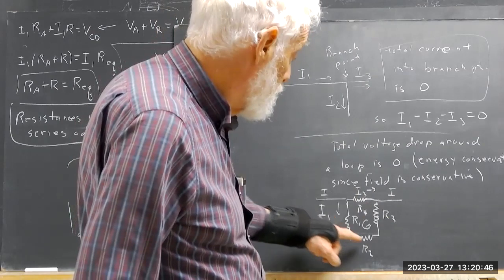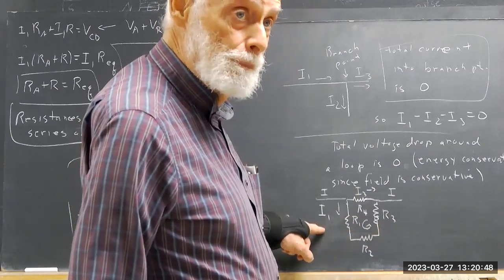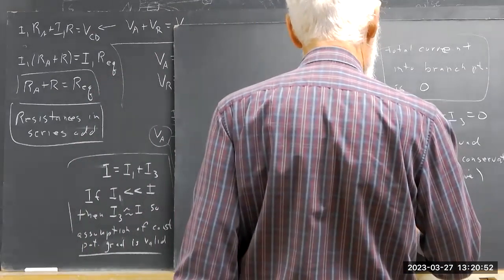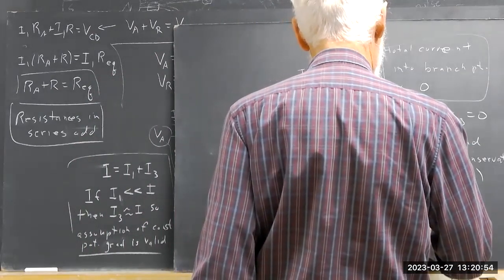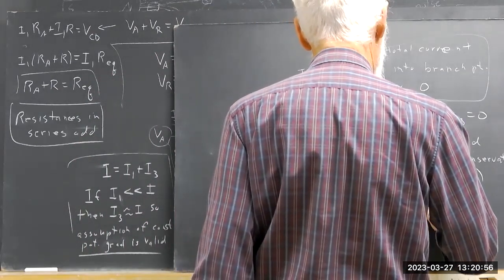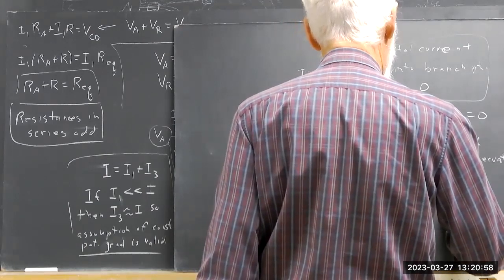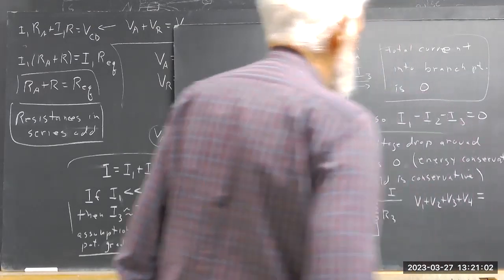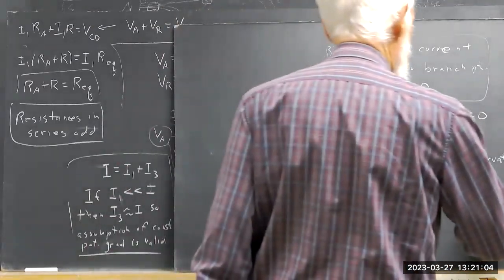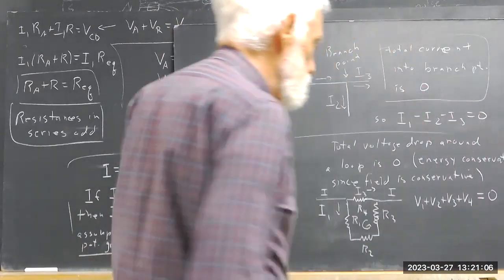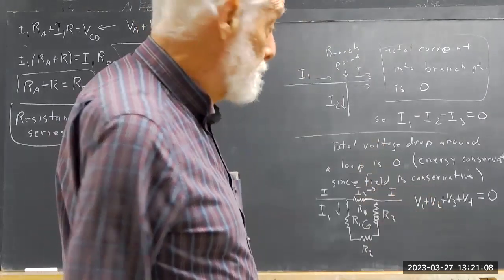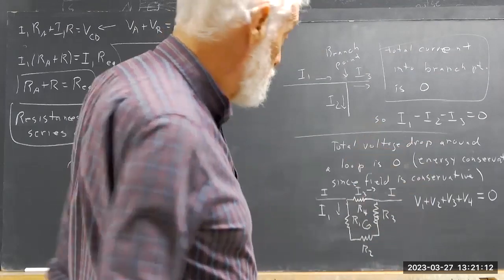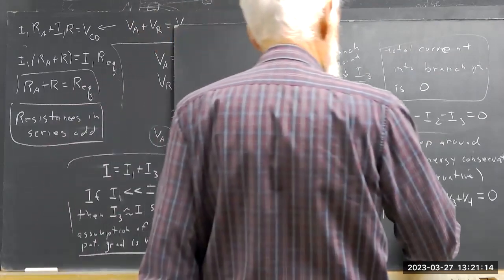Well, current here, here, and here is I1. These are the voltage drops. We call them delta V1, delta V2.